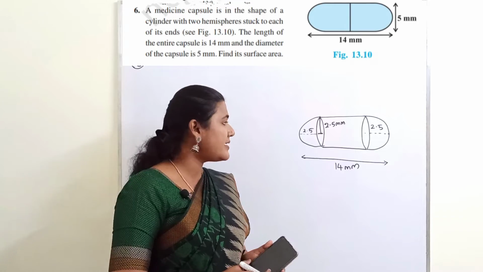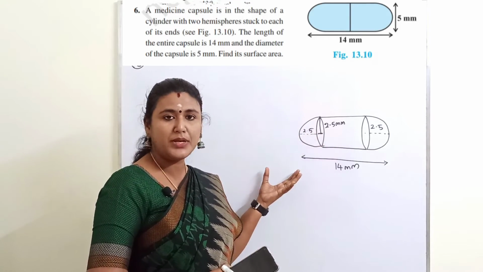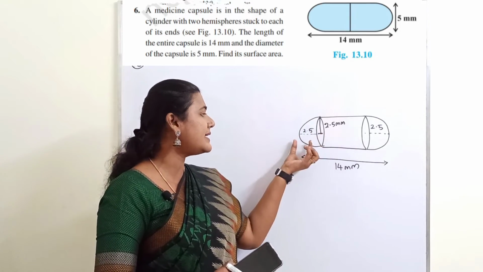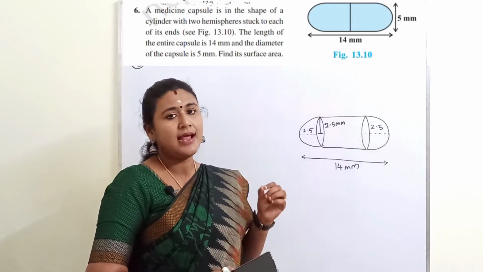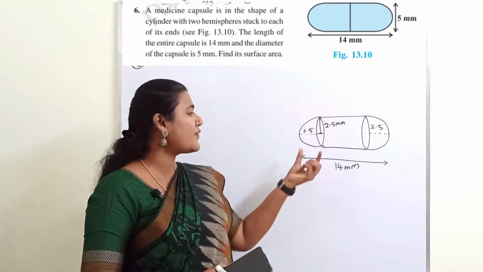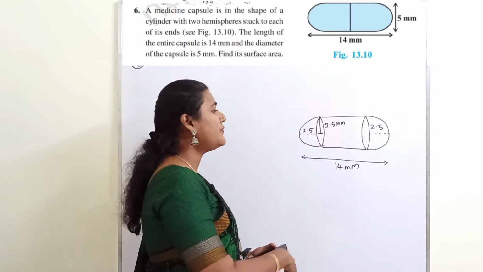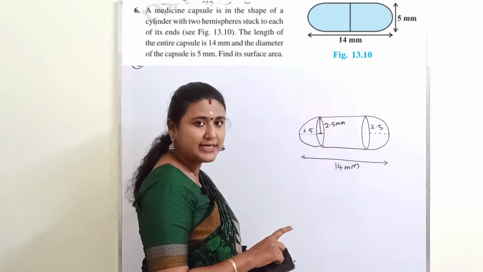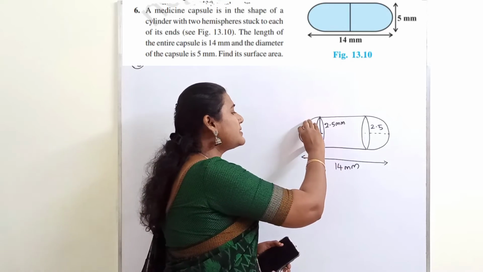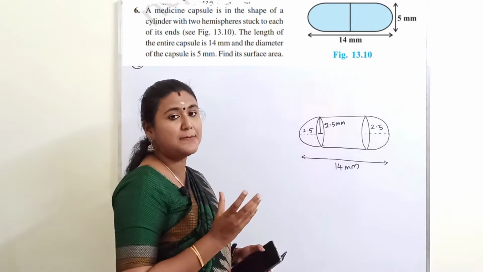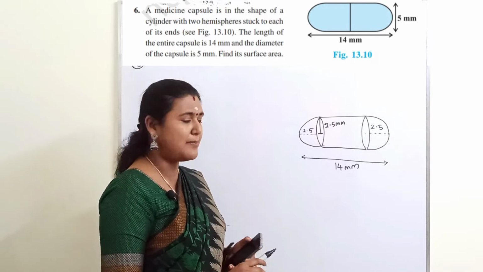Here we can see this capsule is the combination of the solid cylinder with the two hemispheres attached at its ends. So for finding the surface area of this capsule, we have to find the surface area of cylinder plus 2 times the CSA of the hemisphere.